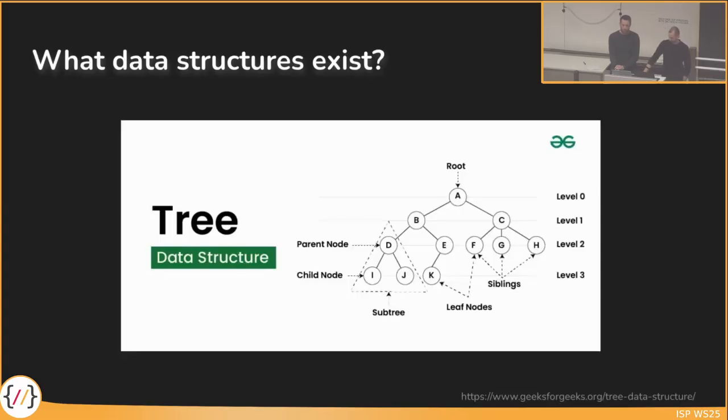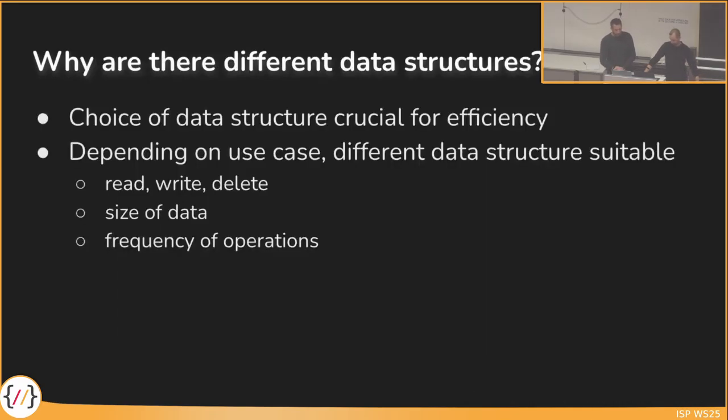And before we have a look into the problem that we might have, for example, with an array, as we mentioned before, we quickly have a look at why there are different data structures, and why we have to choose which one to use. The choice of, for example, those that we just mentioned is very crucial for efficiency.